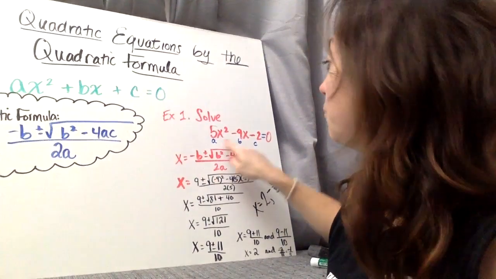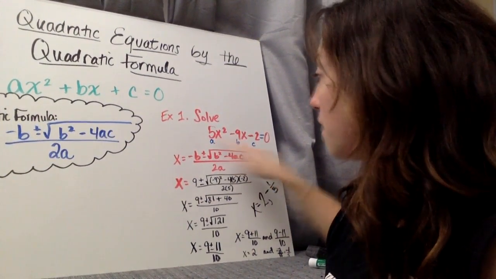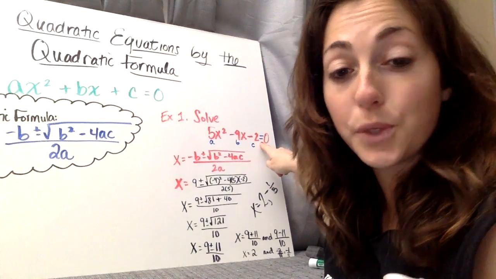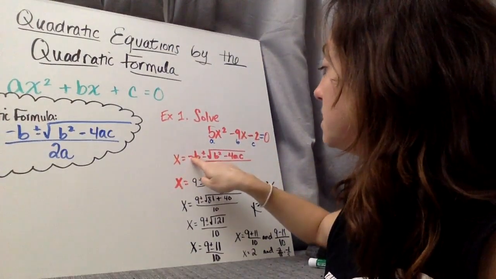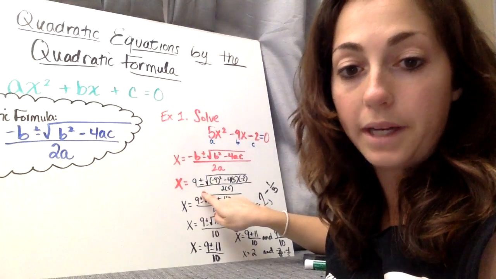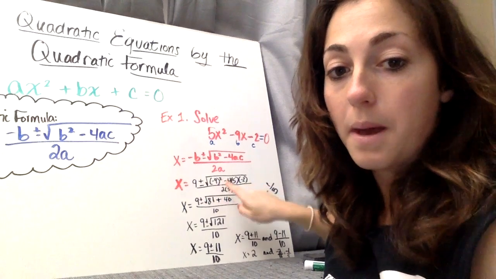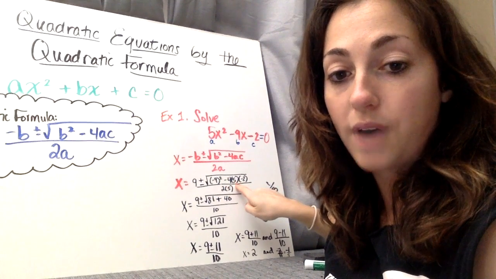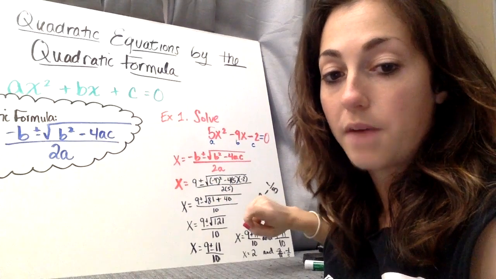So I plug in for b, -9, I plug in for a, 5, and I plug in for c, -2. Okay, so anyway, the opposite of b, the opposite of -9 is 9, plus or minus the square root of b squared, -9 squared, minus 4 times 5 times -2, all over 2 times 5.